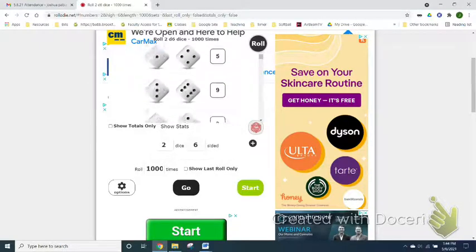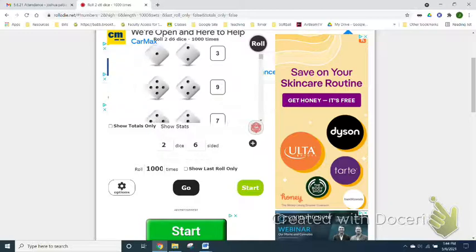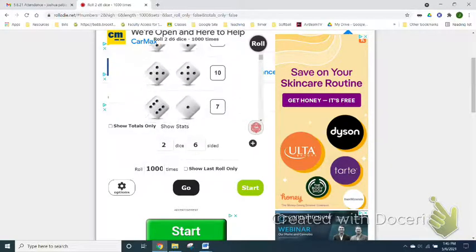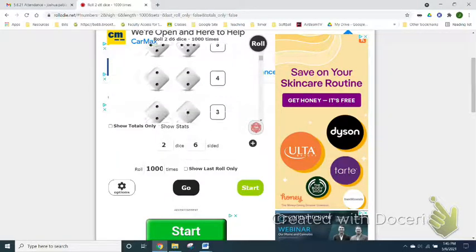Did we see 5? I didn't see 1. 4. Oh! Should we just do that instead? Let's do that instead. Oh, it's already up there as control.